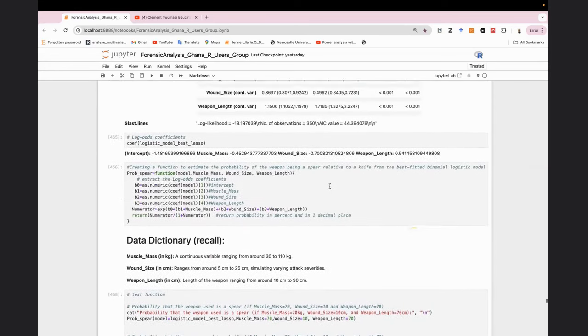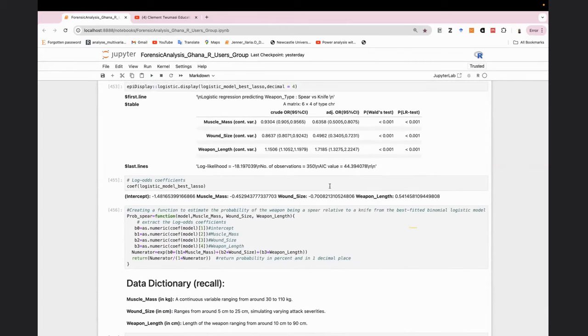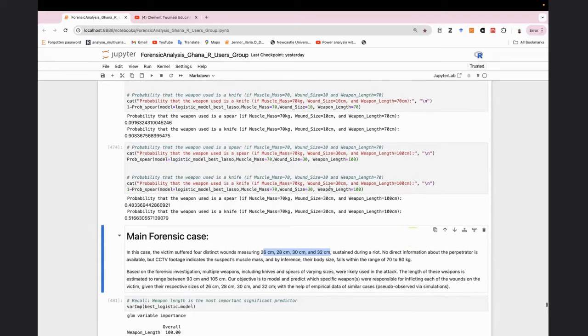So after we fit a model, what makes the model fitting important is that we use empirical data to fit the model. After doing that, we can now make specific predictions based on entirely new information. Just as the testing data set was entirely new to the model, and we know that the model is 98% accurate in predicting the type of weapon, we should now be able to make very good predictions with confidence about which weapon was used to inflict each of the 4 wounds.